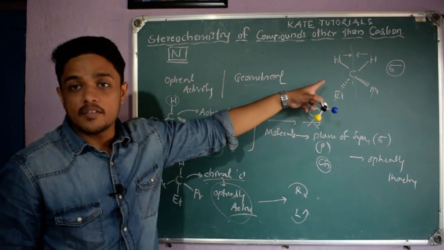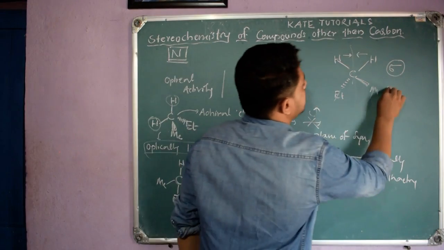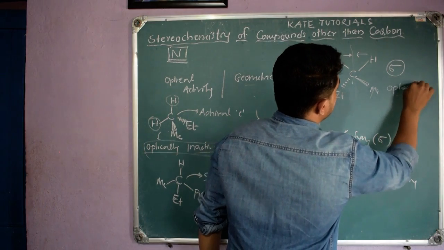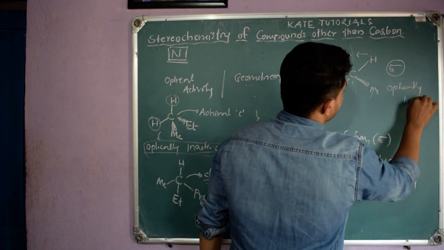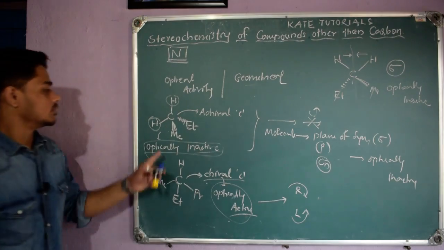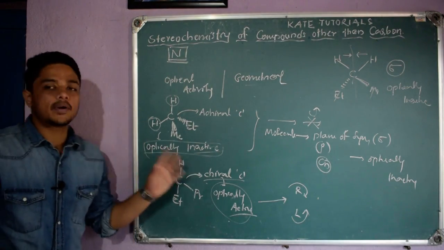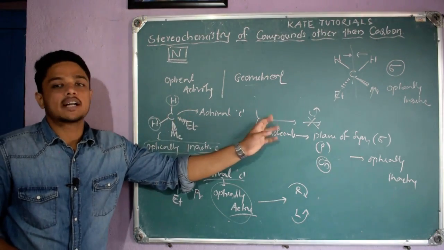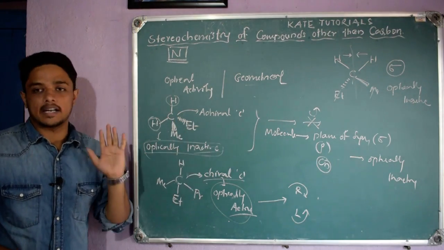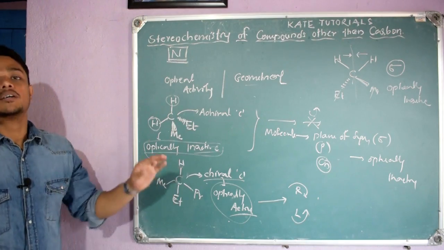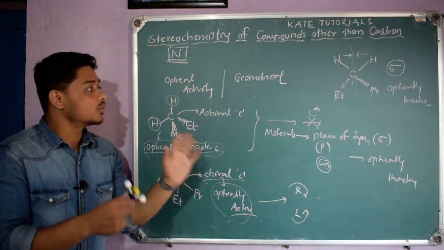Since this compound is having a plane of symmetry, that is optically inactive, right? So I told why it is optically inactive. Everybody tells that in an experiment it can't rotate the plane polarized light towards right or left, so it is optically inactive. Yes, it is true, but we can conclude like this also.